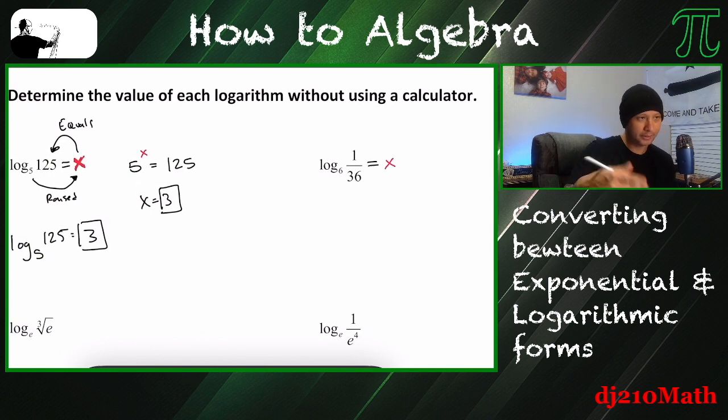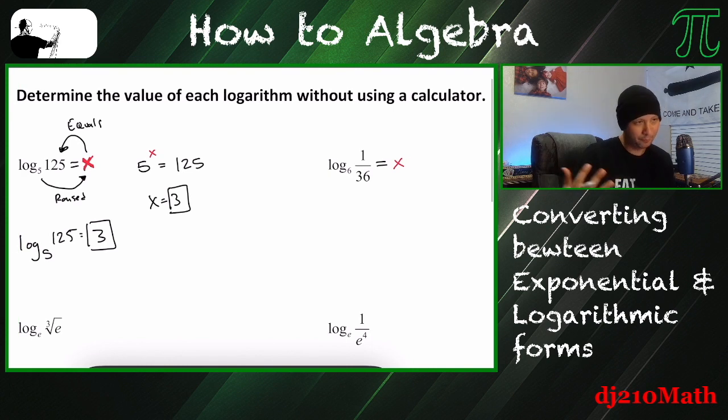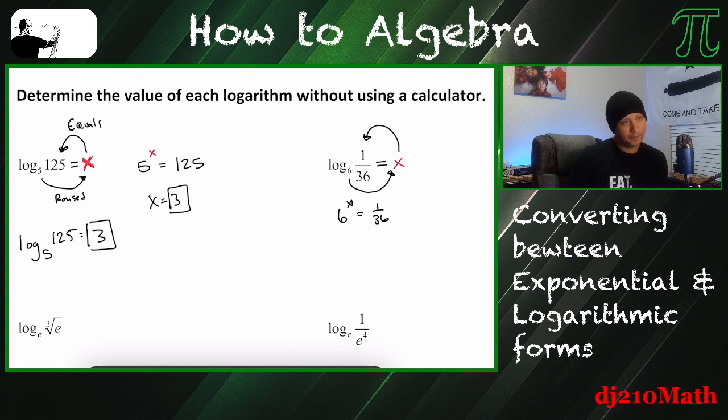So I always set it equal to X, or I set it equal to something. And today I'm feeling like X. So 6 raised to something equals 1 over 36. Okay, so we can do some work here, or we can rewrite 1 over 36 as 36 to the negative 1 power. That clears the fraction. But then you're probably already at the answer.